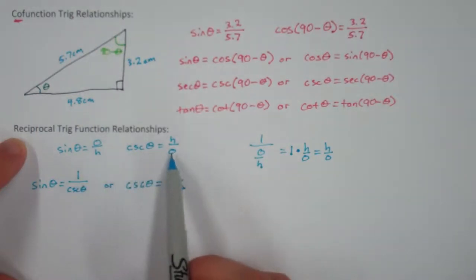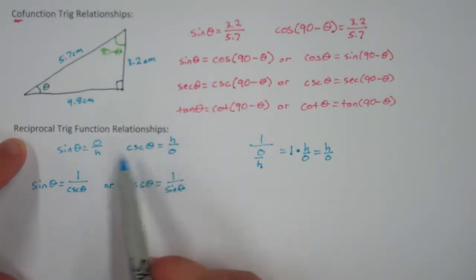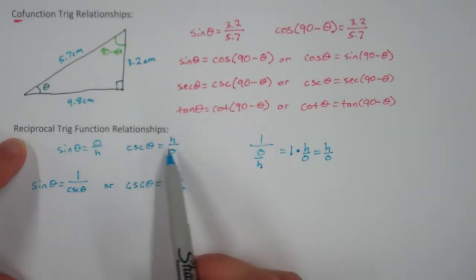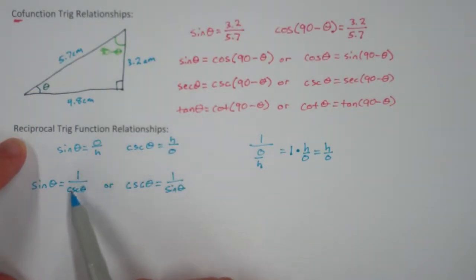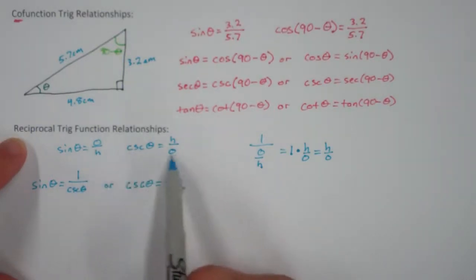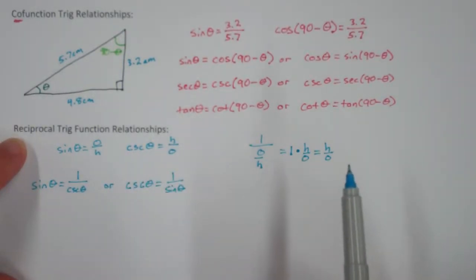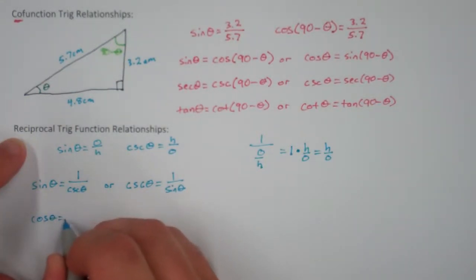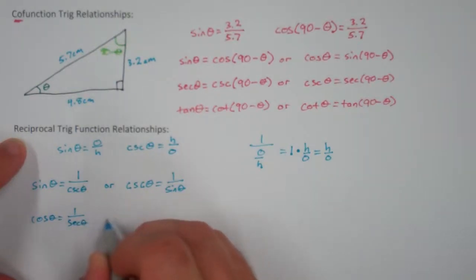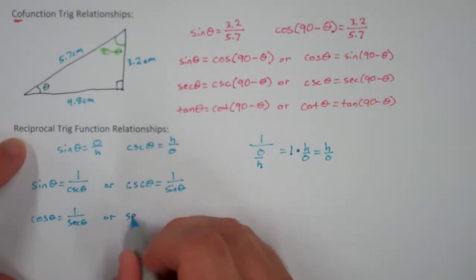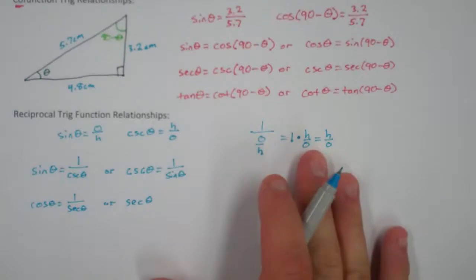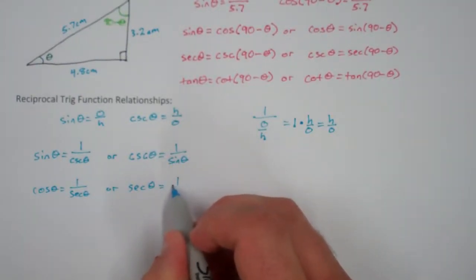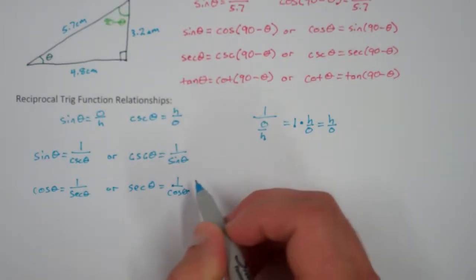Another good way to think about this is just using this relationship. So if you know the sine of theta is like 4 over 5, then the cosecant is just 5 over 4. You can also set it up like this, but sometimes it's easier to just use that relationship right here. I'll write the other ones for you. The cosine of theta is equal to 1 over the secant of theta, or the secant of theta is equal to 1 over the cosine of theta.